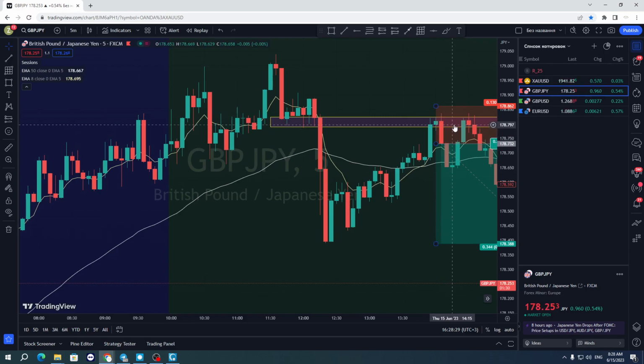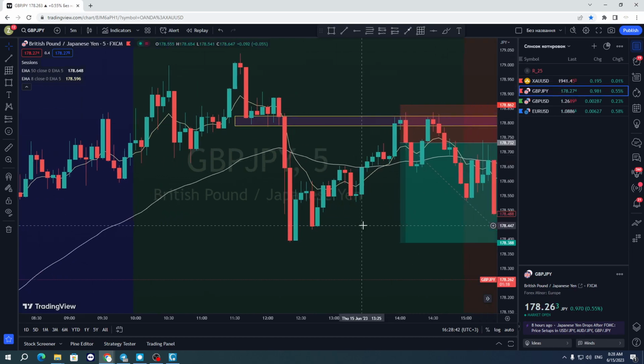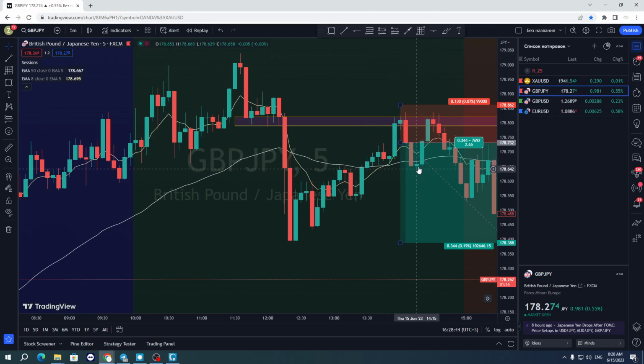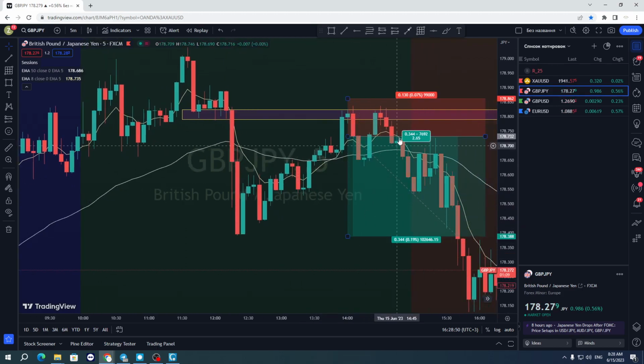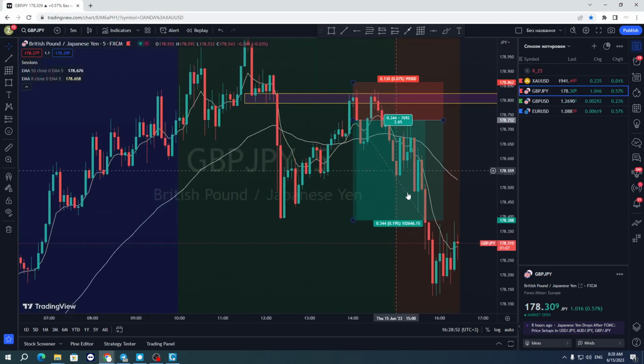And when it goes back up close to the zone, most likely it was only one hold and it was gonna break and hit your stop loss. So when I saw even this small break of structure, I was more confident to hold this trade to the end, and that's what it did.